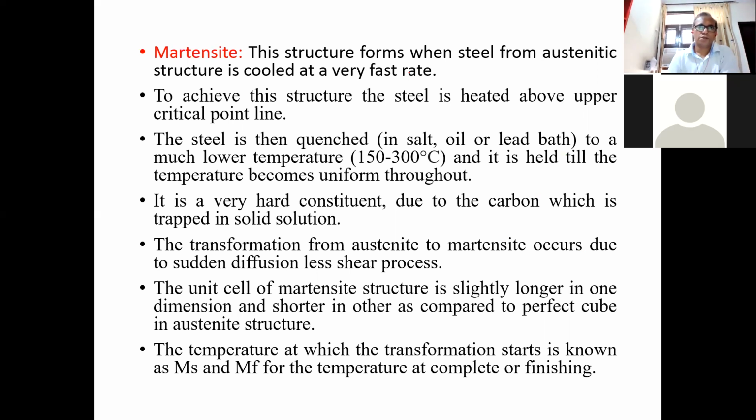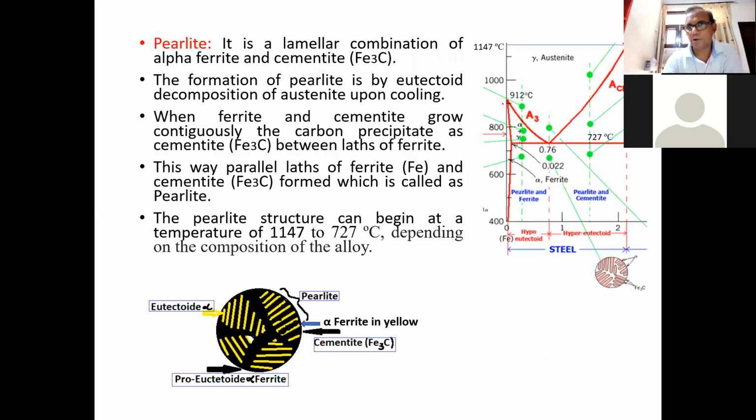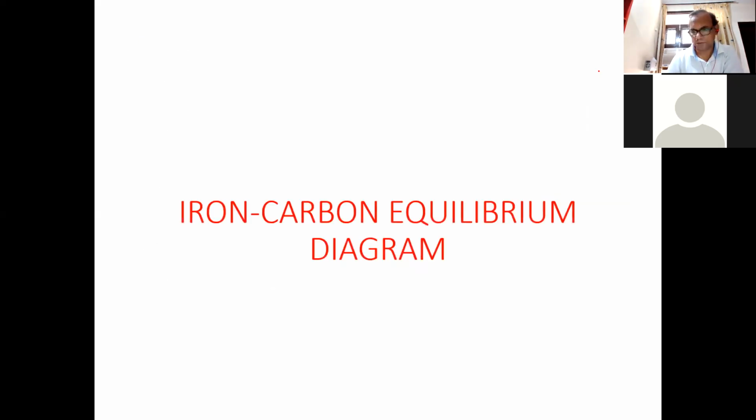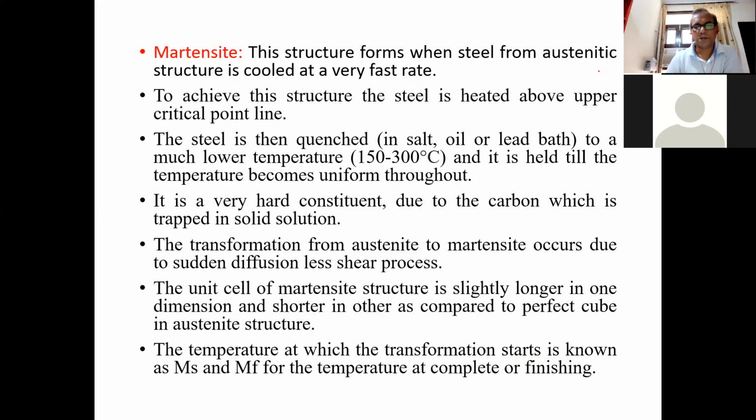To achieve this structure, the steel is heated above the upper critical line, here. The steel is then quenched in a salt, oil or lead bath to a much lower temperature. It should come down to 150 to 300 degrees centigrade; our quenching should be of this kind.